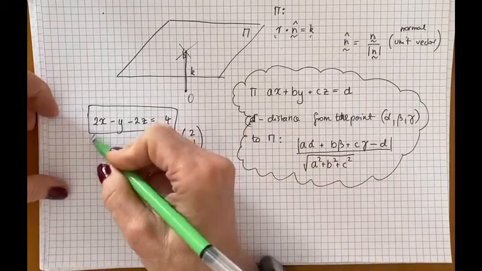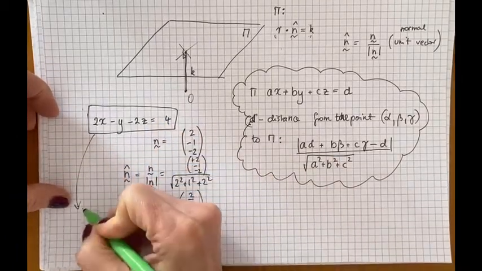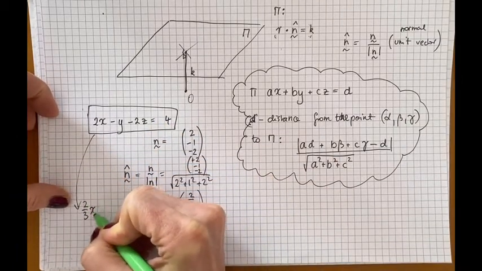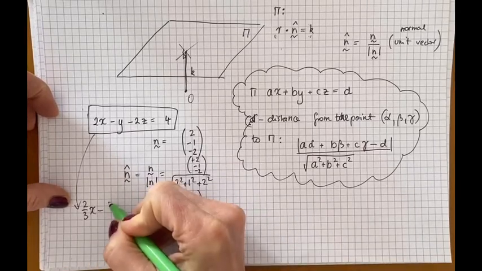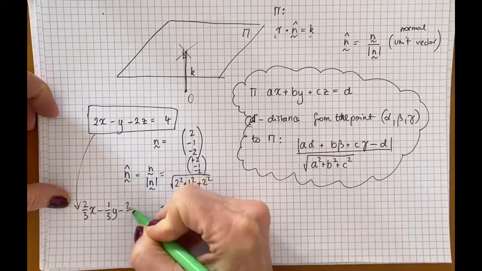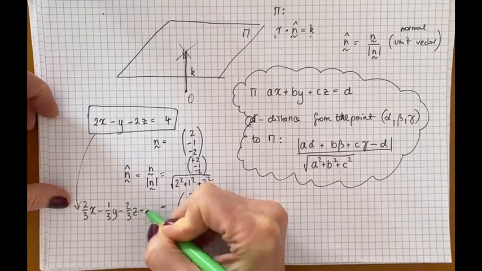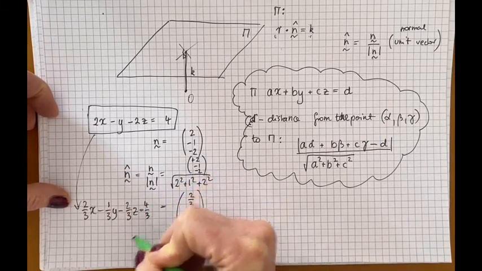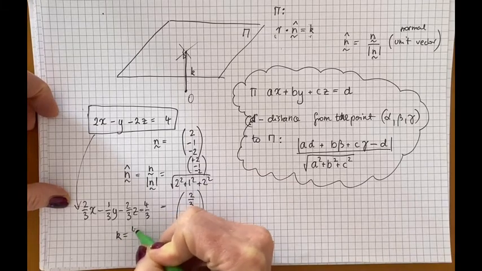So let's just show you what it would look like. So you would have 2/3 of x minus 1/3 of y minus 2/3 of z is equal to 4/3. So k is equal to 4/3.